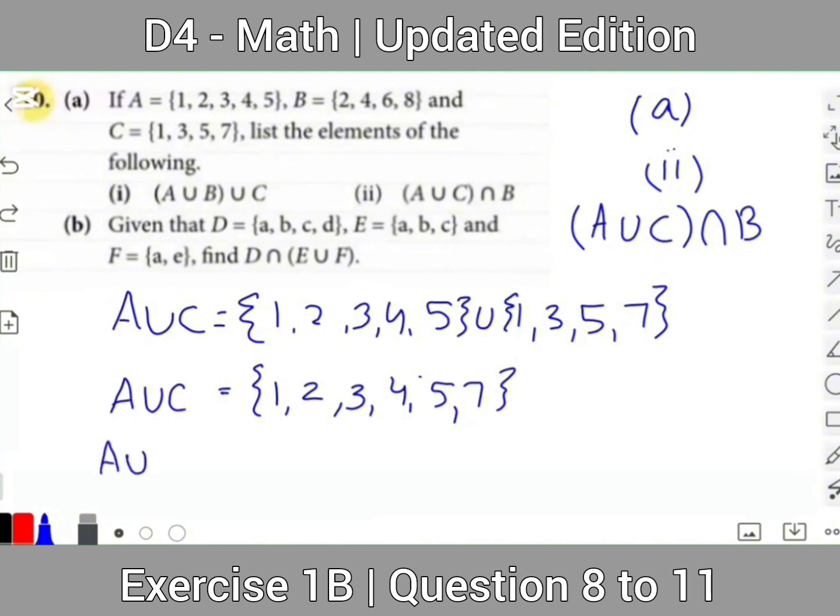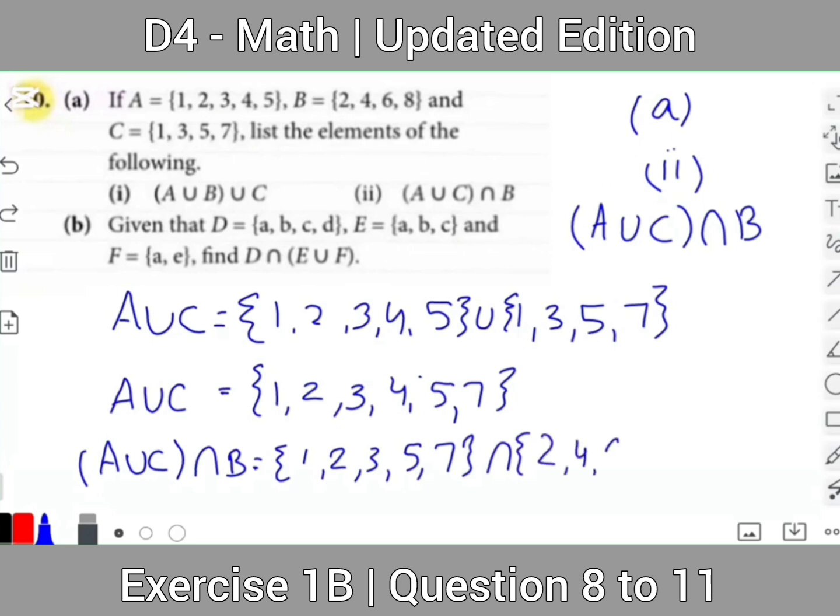Now we have to find out A union C intersection B. So the set A union C is 1, 2, 3, 5, and 7 intersection, and the set B is 2, 4, 6, and 8. We have to pick the elements that are common to both the sets.